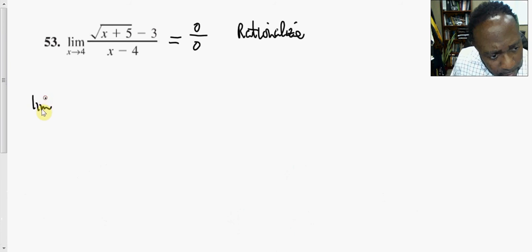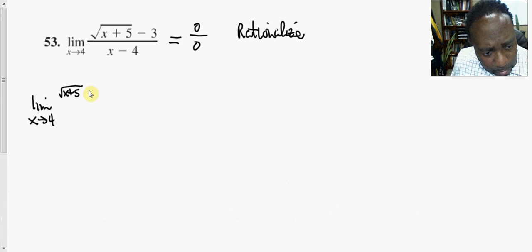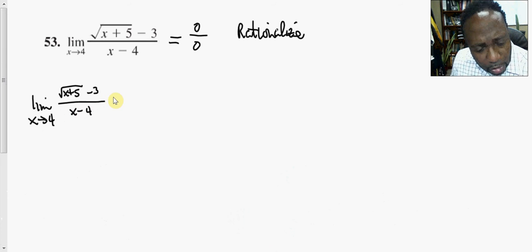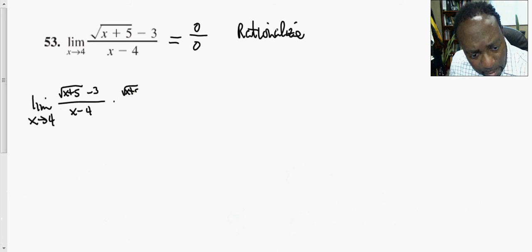So we have the limit as x approaches 4 of the square root of x plus 5 minus 3 all over x minus 4, multiplied in the numerator and denominator by the conjugate of the numerator. So this is the square root of x plus 5 plus 3 all over the square root of x plus 5 plus 3.